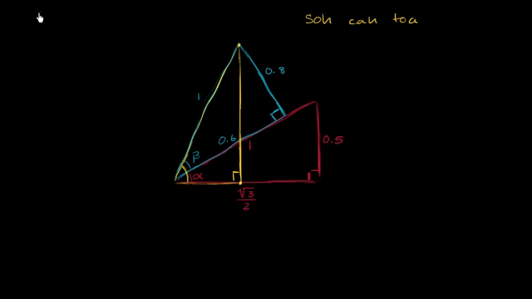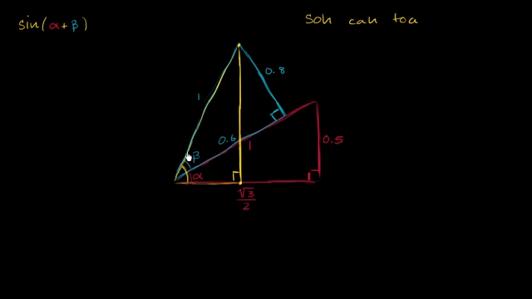So that seems interesting. Let me write that down. Sine of alpha plus beta is essentially what we're looking for. Sine of alpha plus beta is this length right over here. It's equal to the opposite side over the hypotenuse.